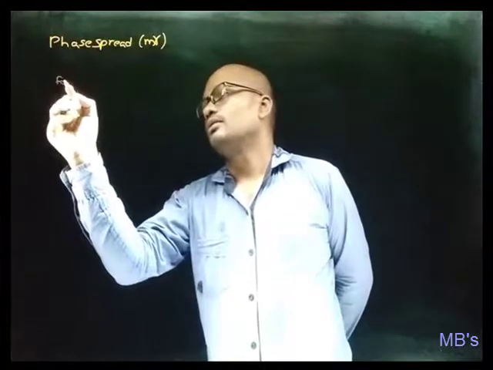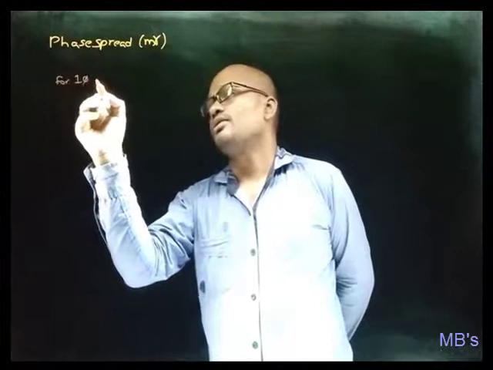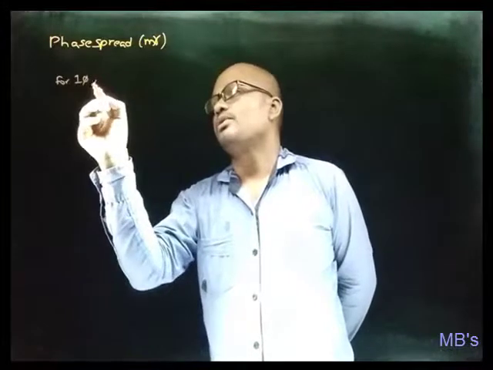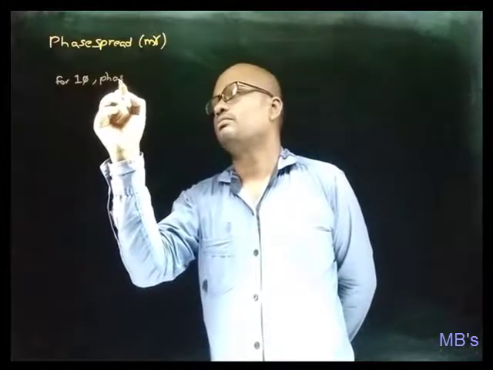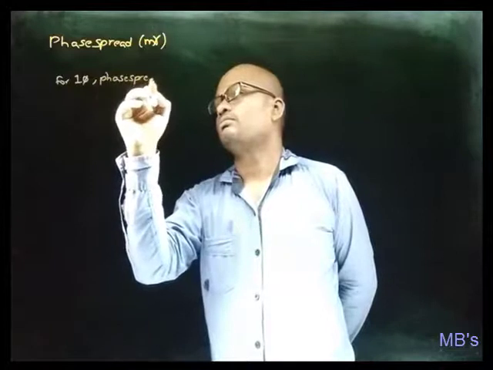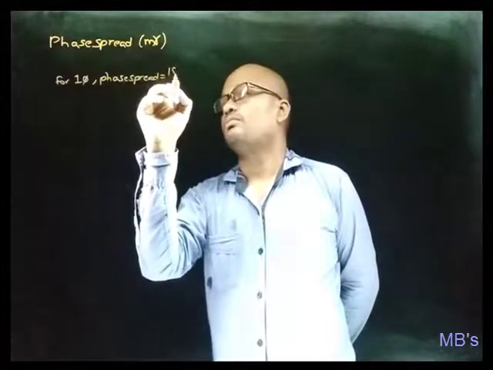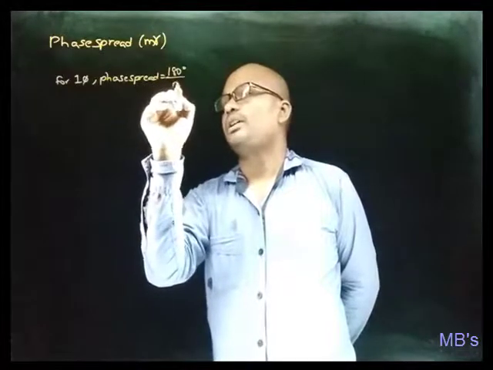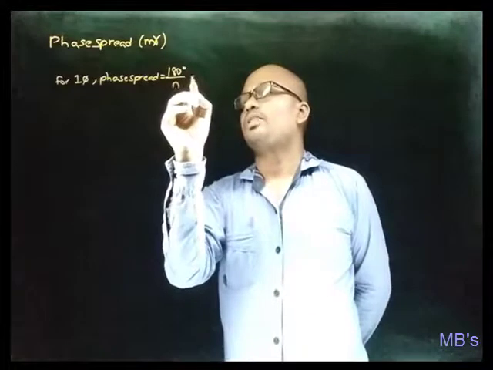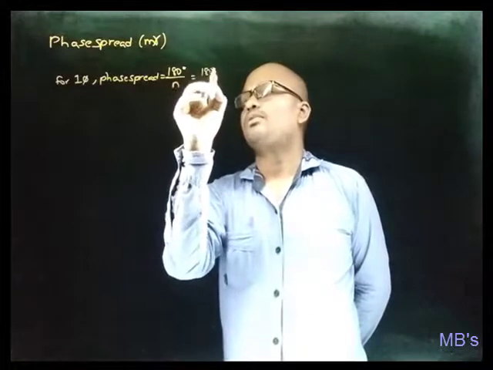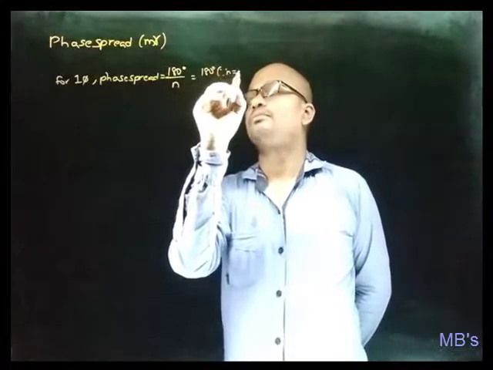For single phase machine, phase spread is equal to 180 degrees by n. So n is here 1, that is equal to 180 degrees.